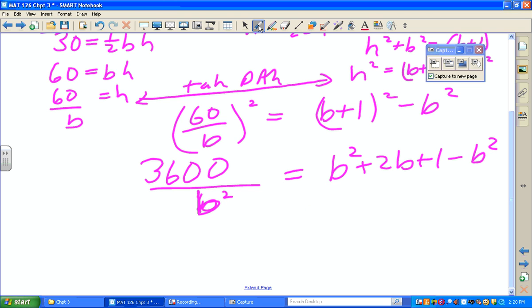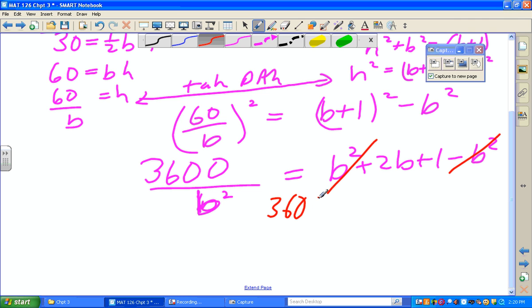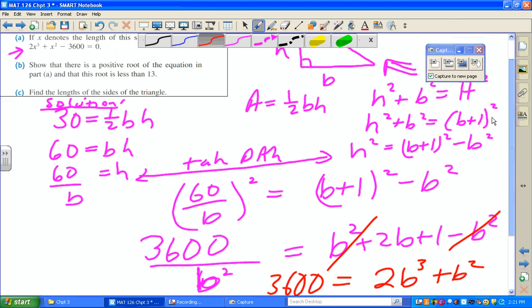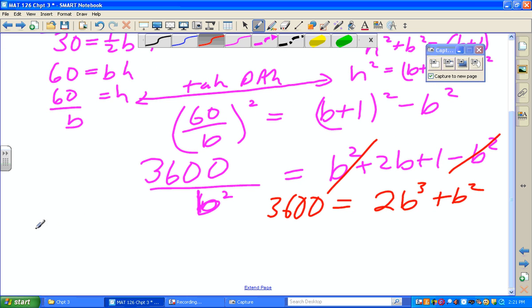Well, actually, these go away, don't they? Now multiply everything by B squared, and you get 3,600 equals 2B cubed plus B squared. Is that pretty close to the equation? That's real close. All I got to do is take the 3,600 over there. 0 equals 2B cubed plus B squared minus 3,600.